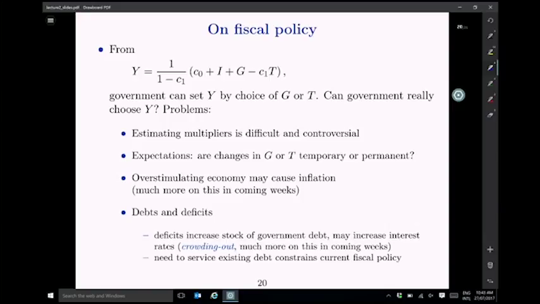And second, if the government really will increase government spending or decrease taxes to stimulate output, in practice it matters whether this type of policy is temporary or permanent. Because for a temporary policy, probably it's fine that you have an increase in government spending and everything else stays the same. You have some increase in output. But what if the policy is permanent?